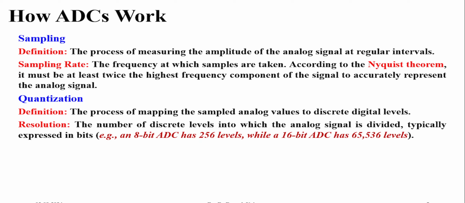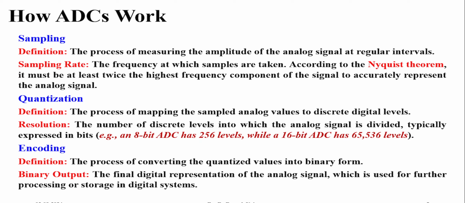Now after quantization, the ADC encodes the signal. And what is encoding? It is the process of converting quantized values into their equivalent binary form. So depending on the number of bits, we can have different numbers of levels, and these levels will be encoded into binary form, and that binary form will represent different voltage levels.